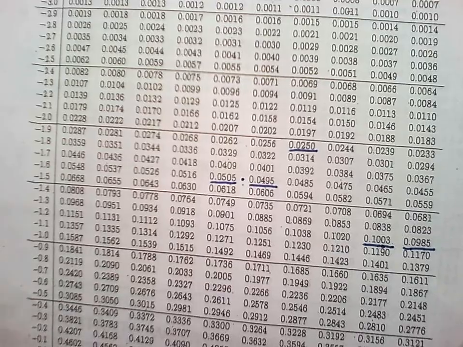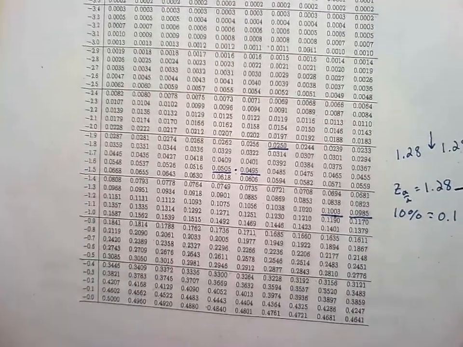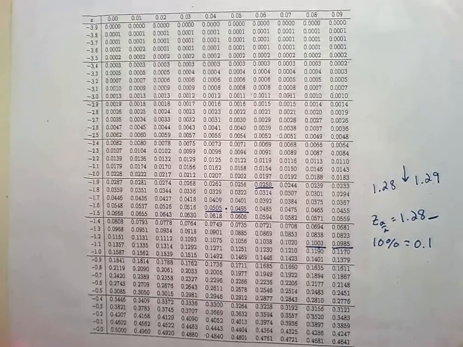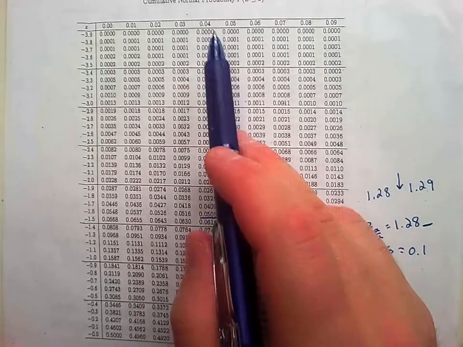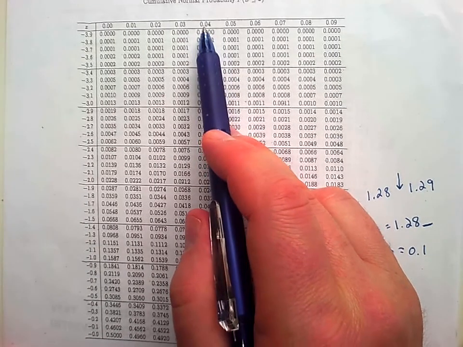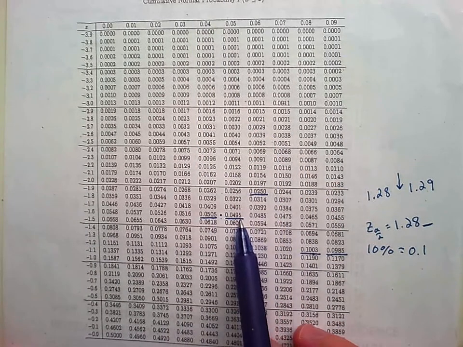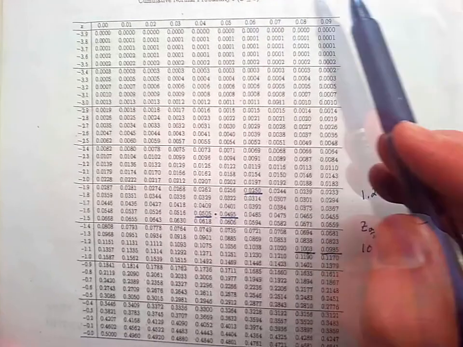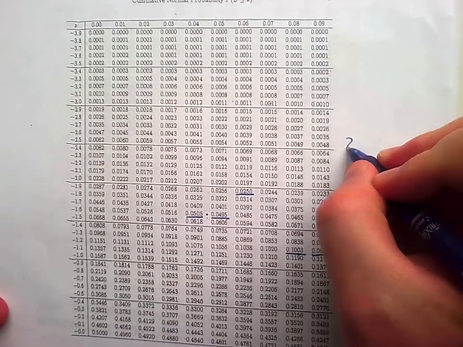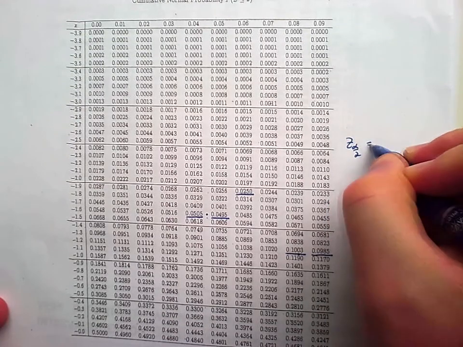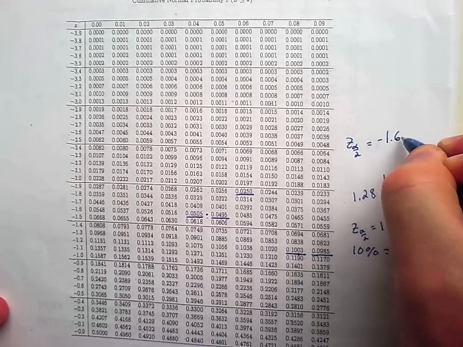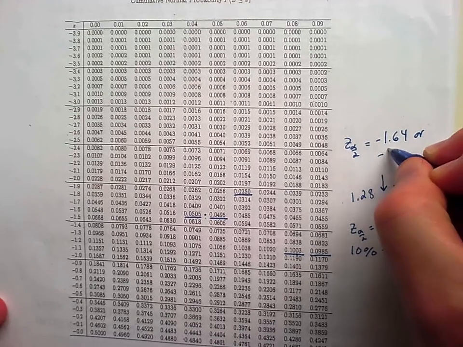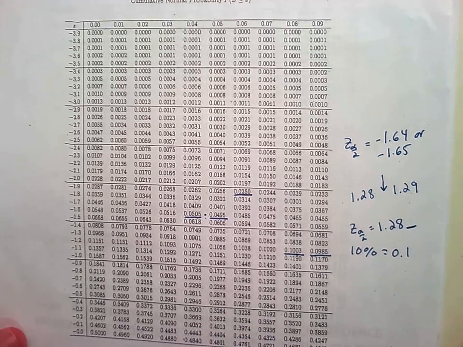So therefore, we could use the z value for negative 1.64. We could just as accurately use the z value of negative 1.65. So we could say that z sub alpha divided by 2 is equal to negative 1.64, or we could simply say that it's equal to negative 1.65.